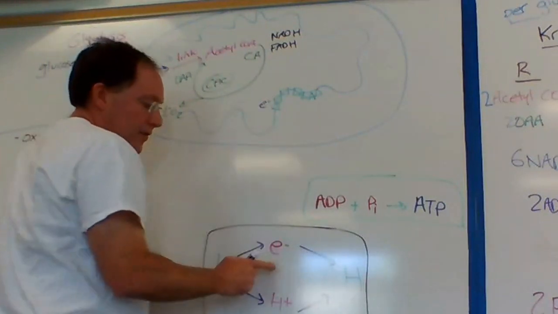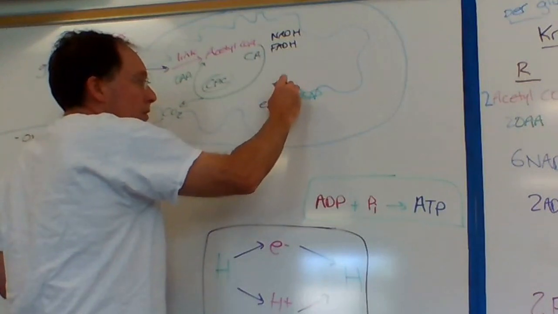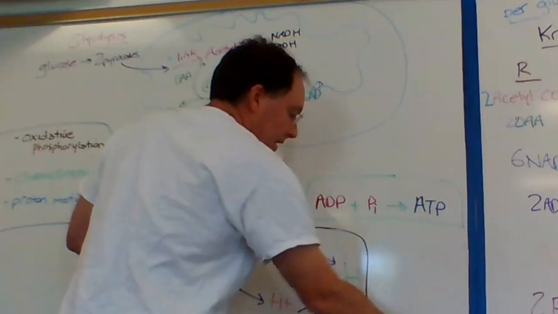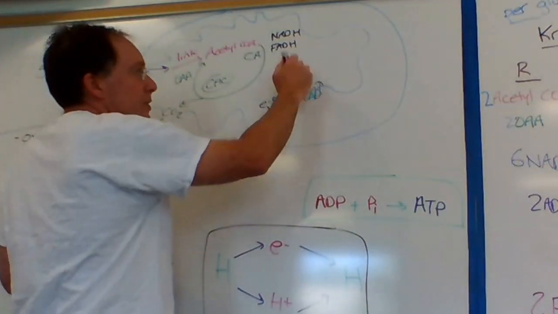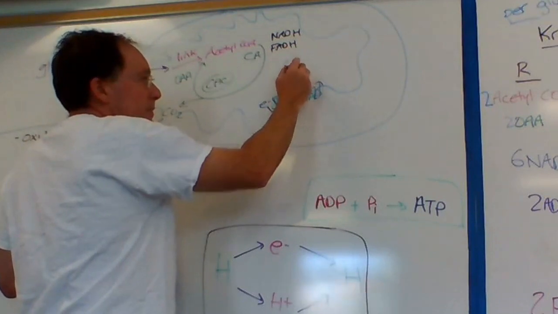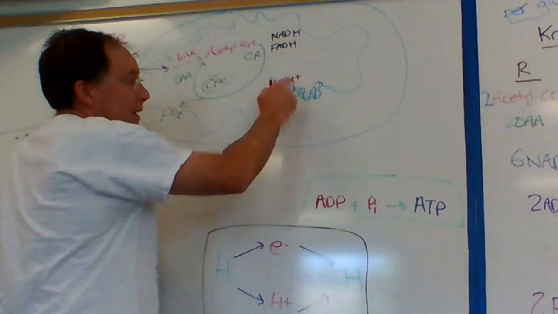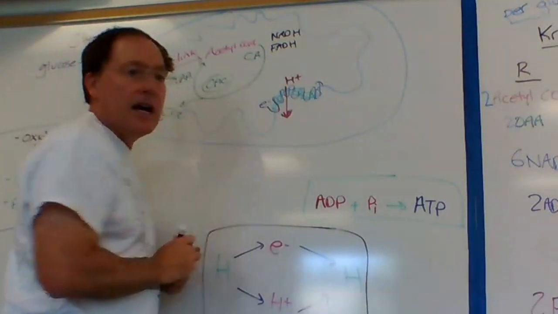The electrons from the hydrogen atoms, which are dumped off by these guys, will go through these proteins. The energy that's harnessed by these guys doing this enables the proton, so these are the two components of a hydrogen atom, enables a proton to be sucked through here, it's supposed to be an arrow, against its concentration gradient.